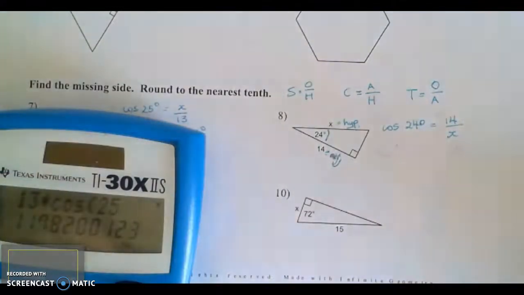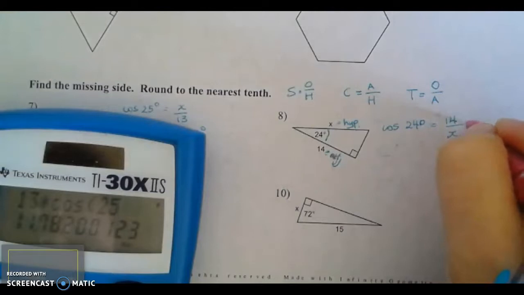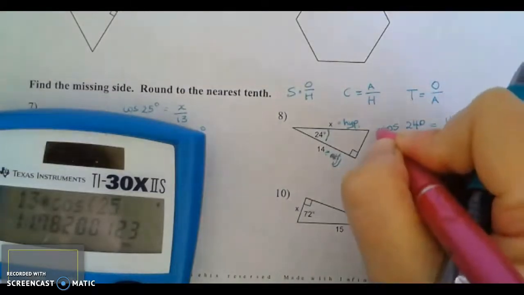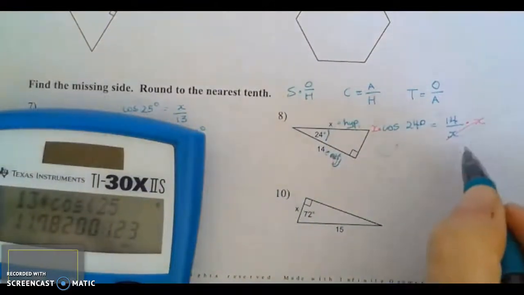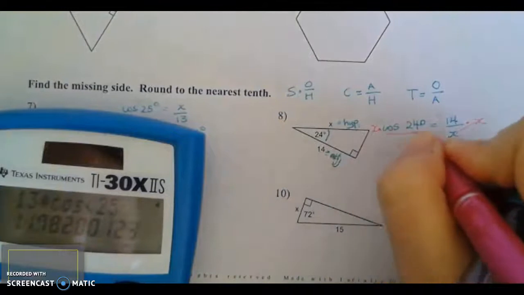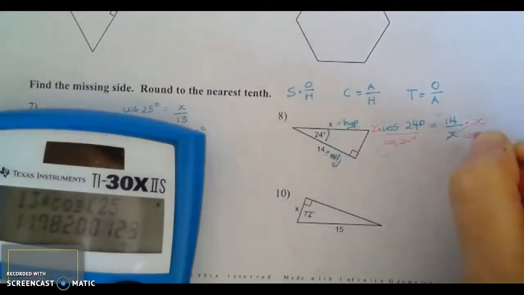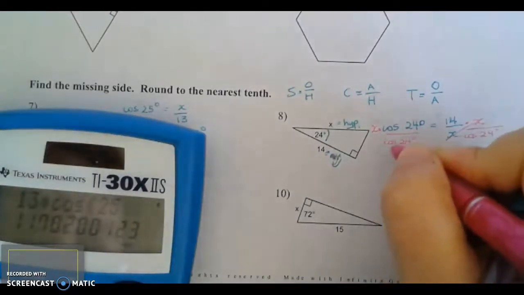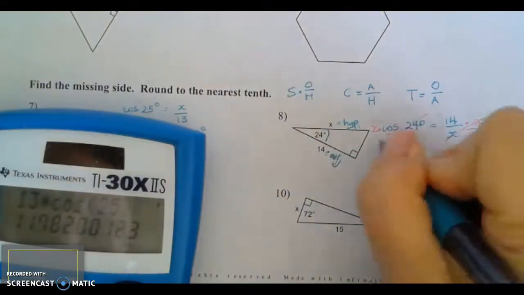Now because x, the variable x, is at the bottom, we need to multiply both sides by x first to bring the variable to the top. We can't have the variable at the bottom. And then from here, I also need to divide both sides by cosine of 24 degrees, to cancel this out so that you're left with just x on the left hand side.